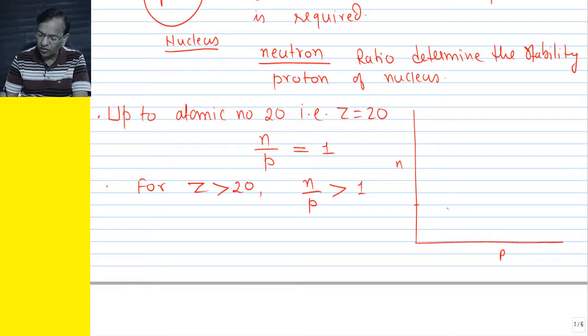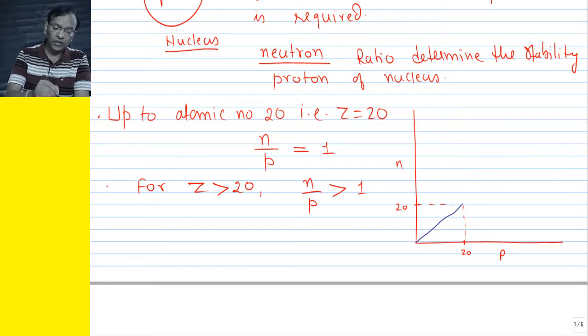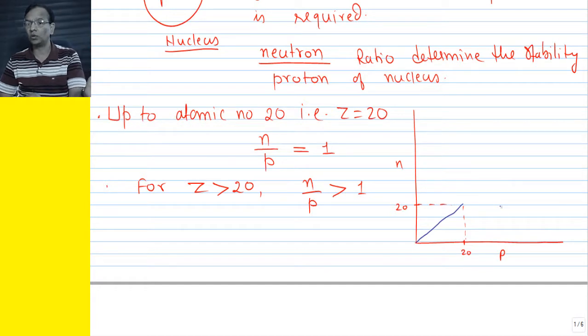If we put the limit of 20 here, up to atomic number 20, the number of neutrons required for a stable nucleus is equal to the number of protons. But above atomic number 20, more neutrons are required for stability than protons.